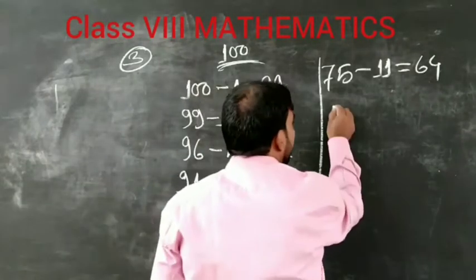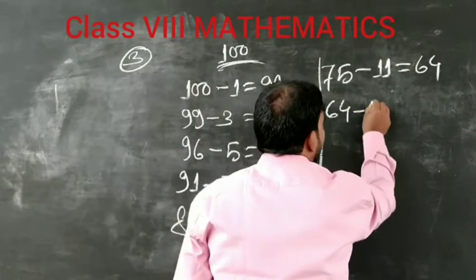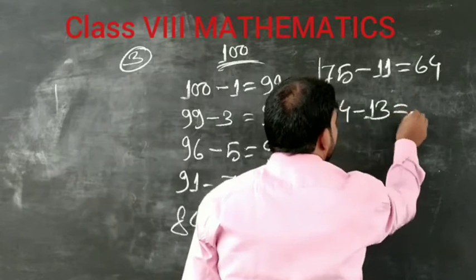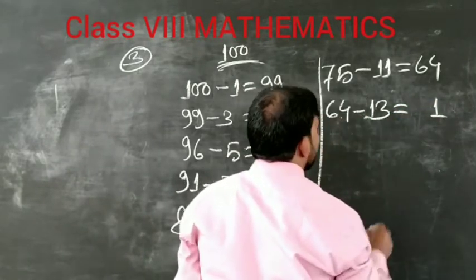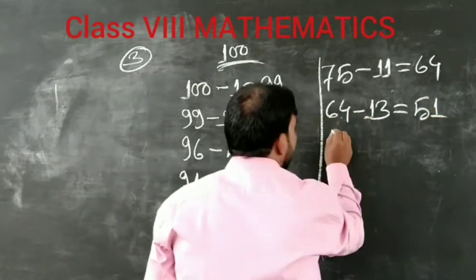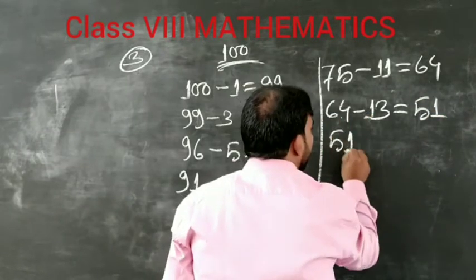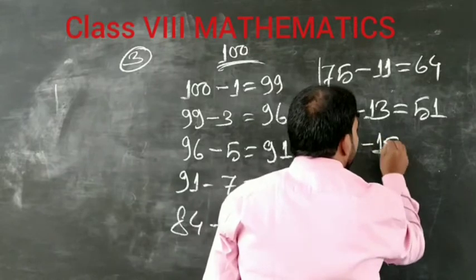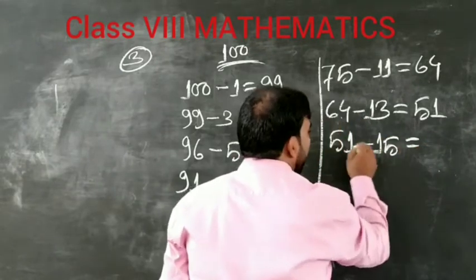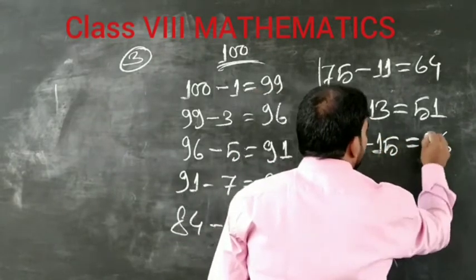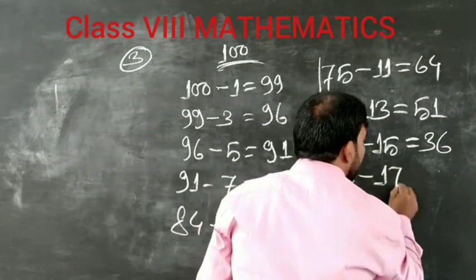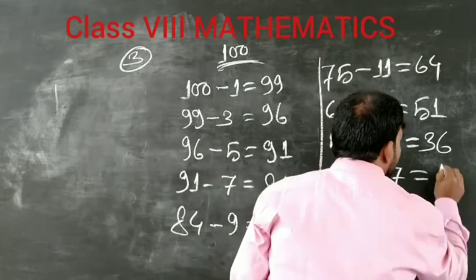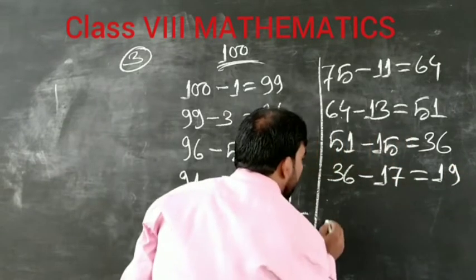That gives 64. Then next 64 minus 13, we are getting 51. Then 51 minus 15, we will get 36. Then 36 minus 17, 19.